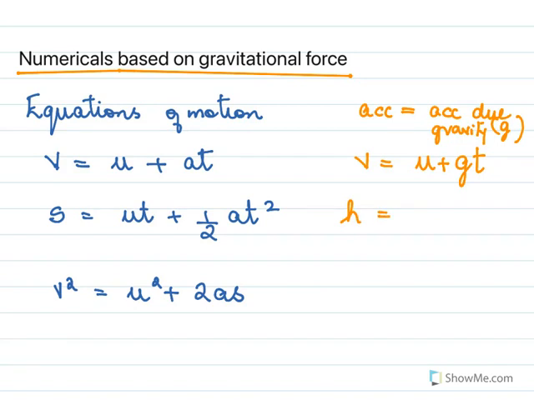So H equal to UT plus half GT square, where the acceleration is now acceleration due to gravity.